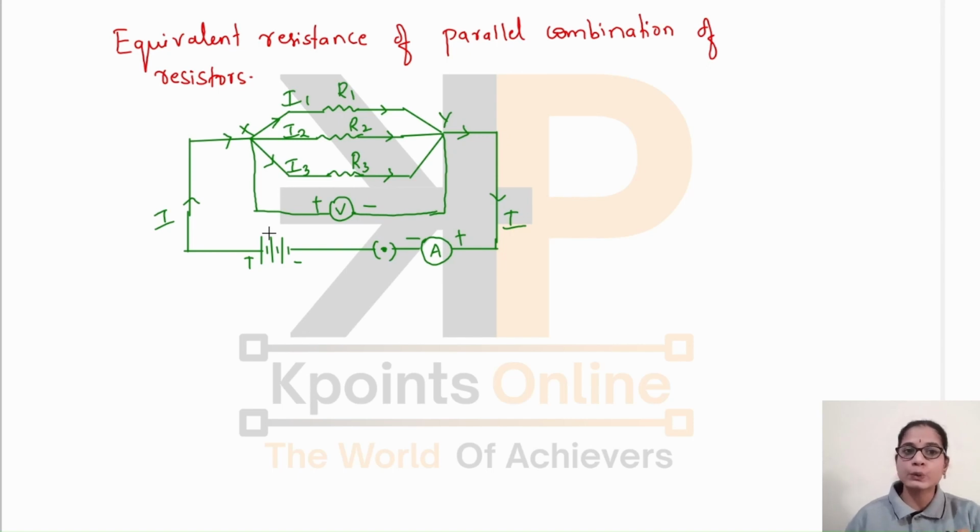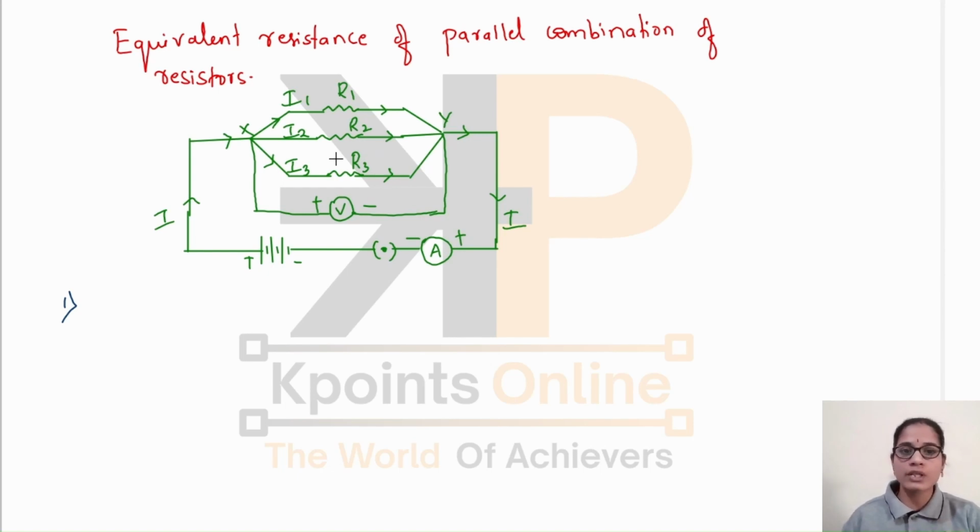Now we have to find out the equivalent resistance when the resistors are connected in parallel combination. You can see here, when they are connected in parallel, different currents will flow through the different resistors. Now how can we measure the current across each resistor? By connecting an ammeter in series with different resistors and finding out the amount of current flowing through each resistor.